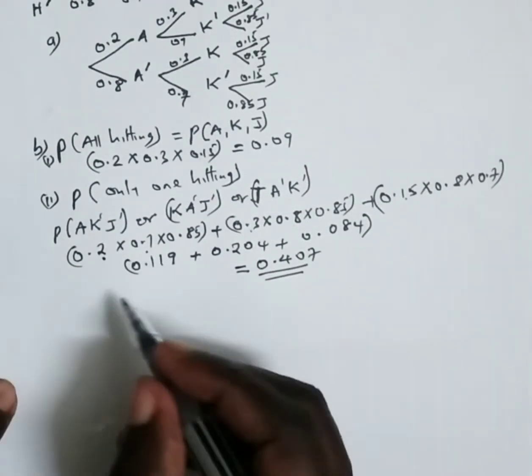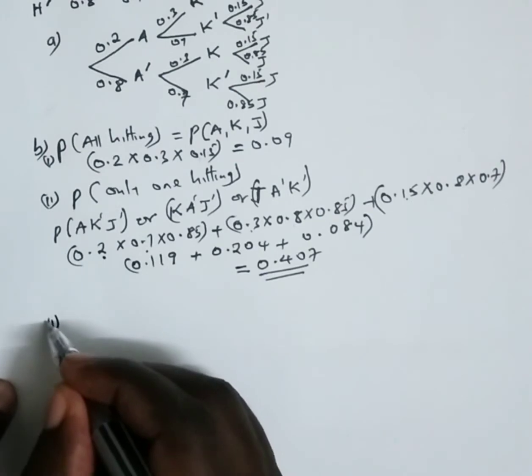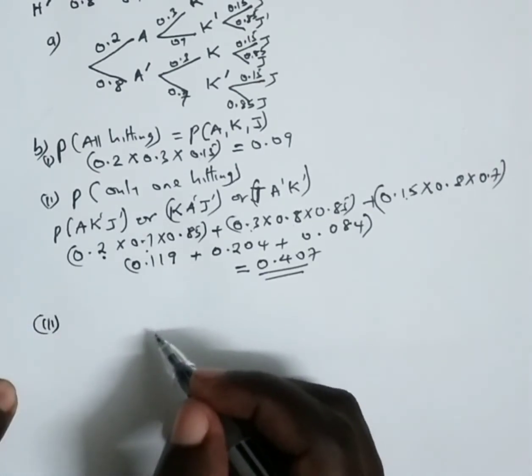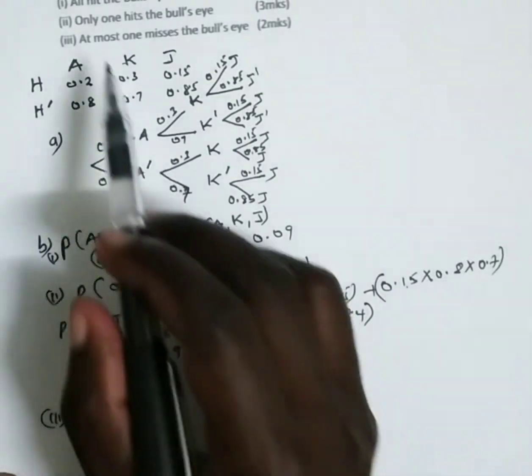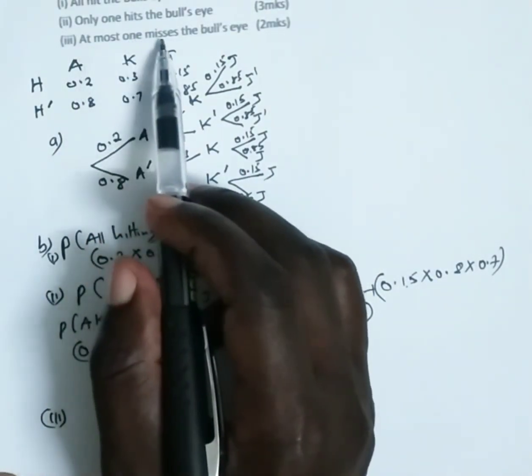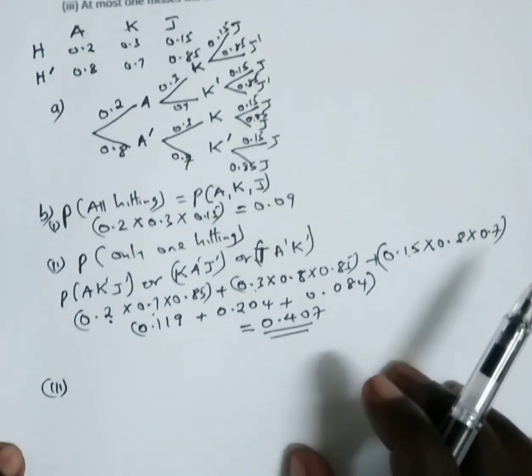Next we go to Roman 3, the probability that at most one misses the bull's eye.